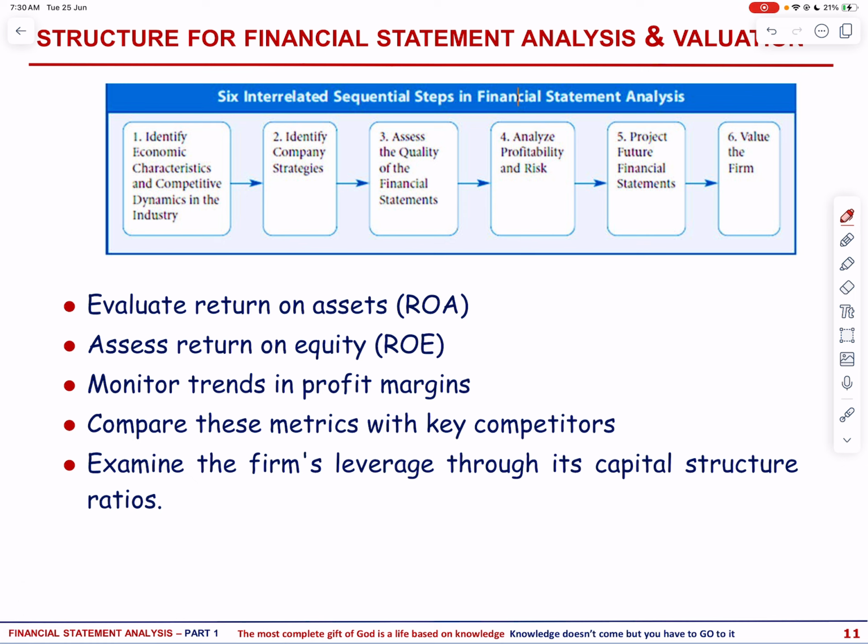To analyze the firm's current profitability and risk, evaluate return on assets to understand how effectively the firm is using its assets to generate profit, assess return on equity to gauge the return for common equity shareholders, monitor trends in profit margins to see if they are improving or declining over time, compare these metrics with key competitors to assess relative performance, examine the firm's leverage through its capital structure ratios.